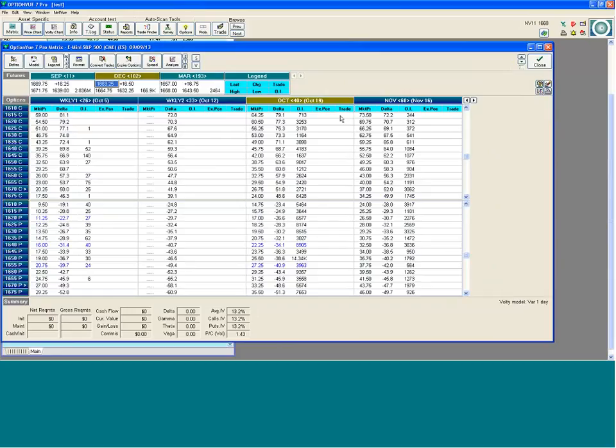If we were to buy the 1650 call, sell a couple of the 1700 calls, that's 50 points wide. Now we can go to maybe the 1750 call, buy that. So we bought the wings, sold the body at 1700.